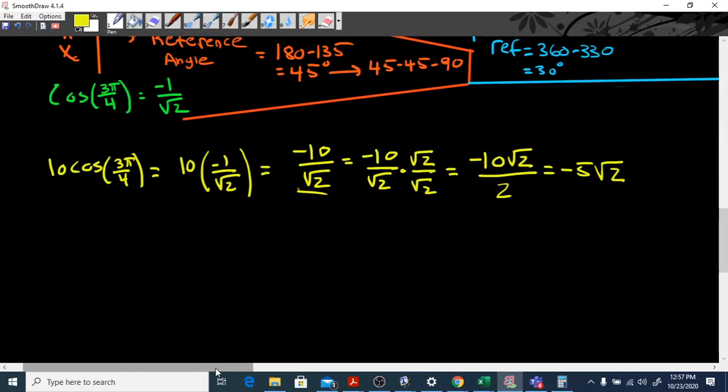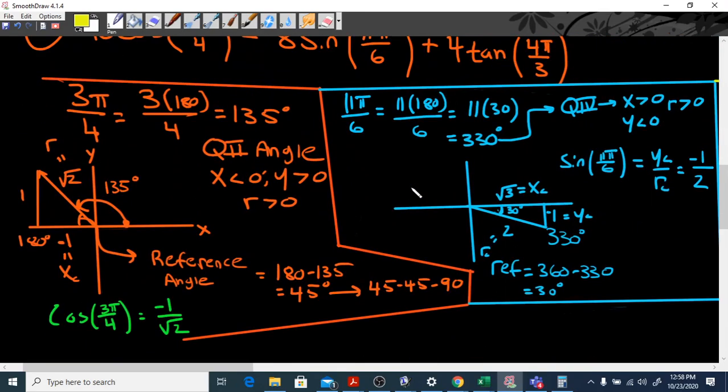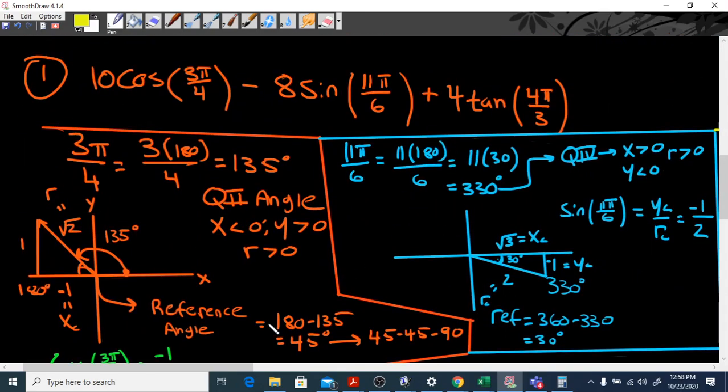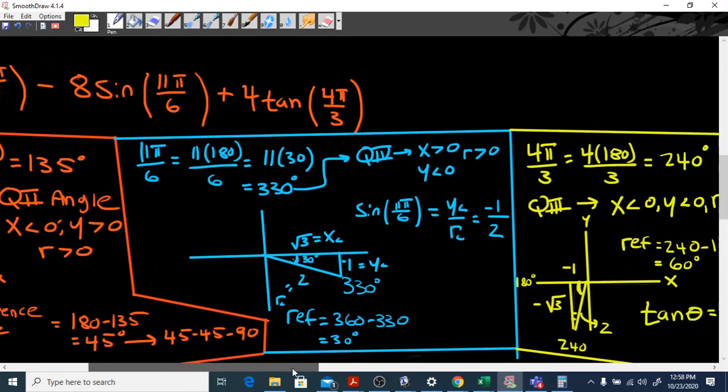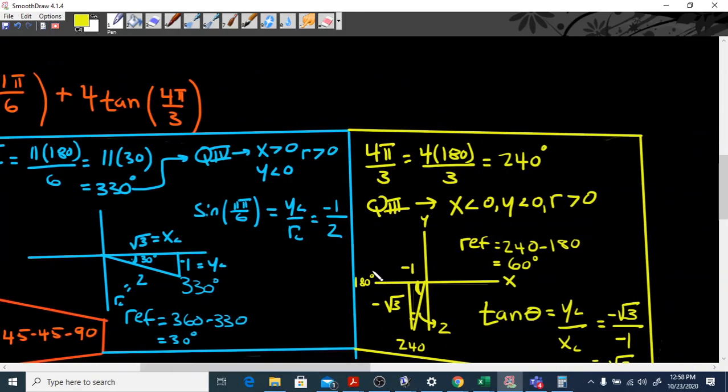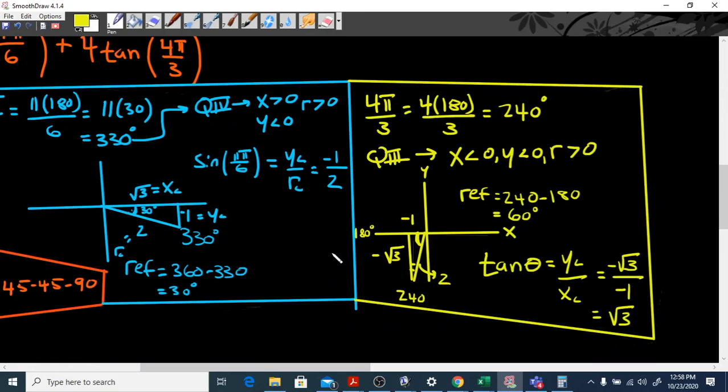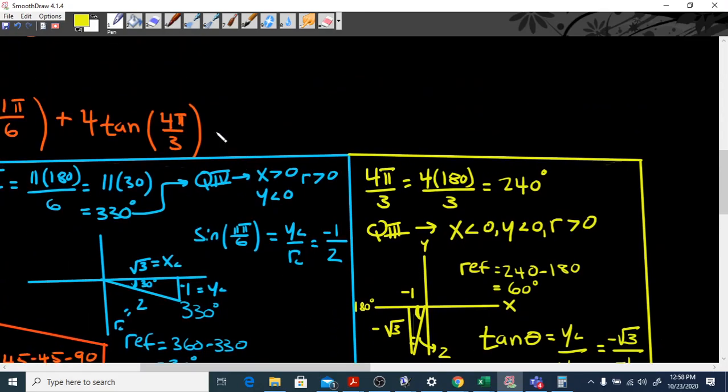So for the second bit, negative 8 times negative 1, well, negative 8 times negative 1 is positive 8 over regular 2 is just regular 4, okay? So the sine bit here in blue will just turn into a 4. And then the tangent part is literally just square root of 3. So we get 4 square root of 3 for this one.